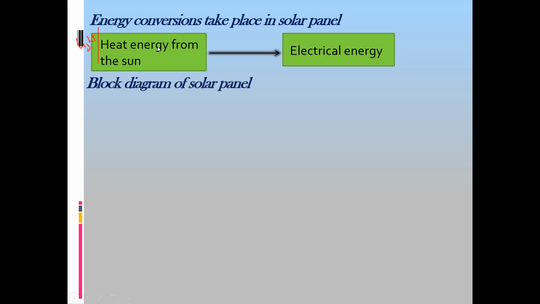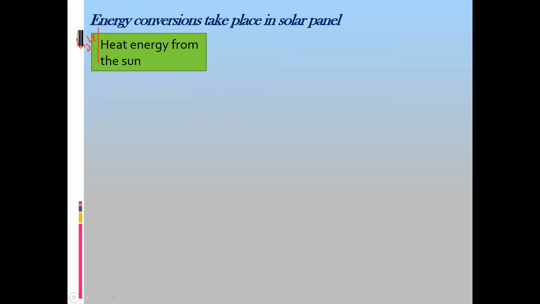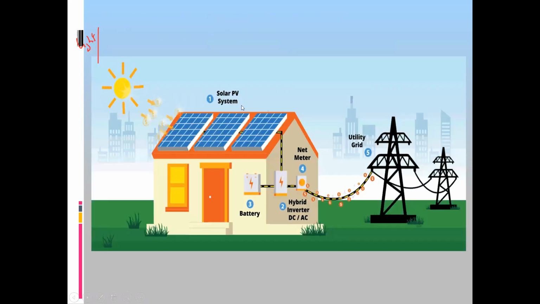And what is a block diagram? Block diagram means the devices, the components which we are using. So we use a solar panel, and we use a transformer. What is a transformer? Basically, in electricity transmission, we always use a transformer. The purpose of the transformer is to make a constant voltage.